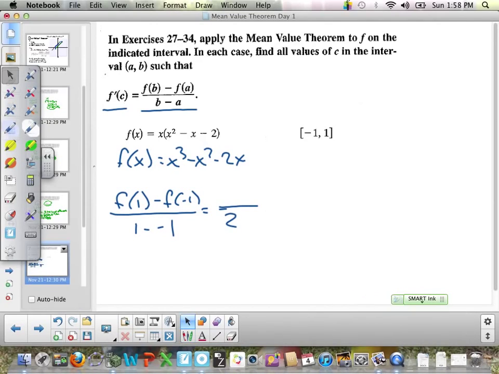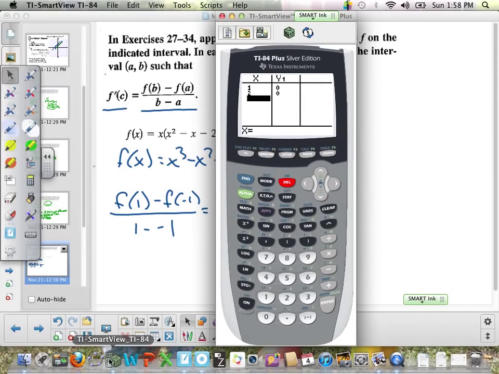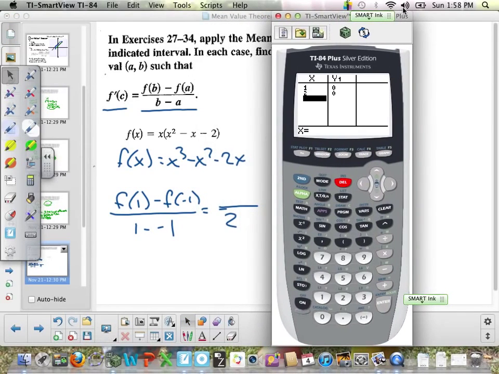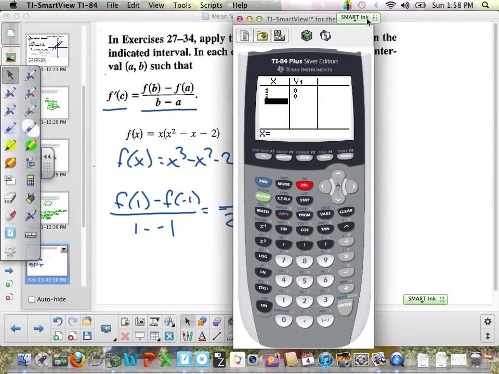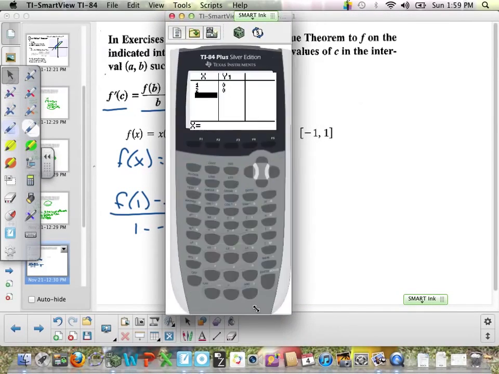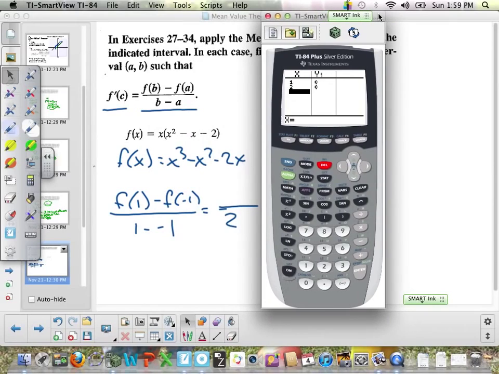All right, I'll speed this up, hopefully, and use the graphing calculator. So my function is x cubed minus x squared minus 2x, and my values are 1 and -1.